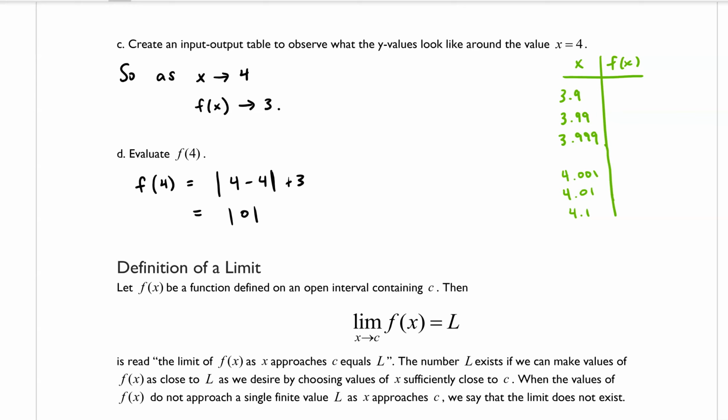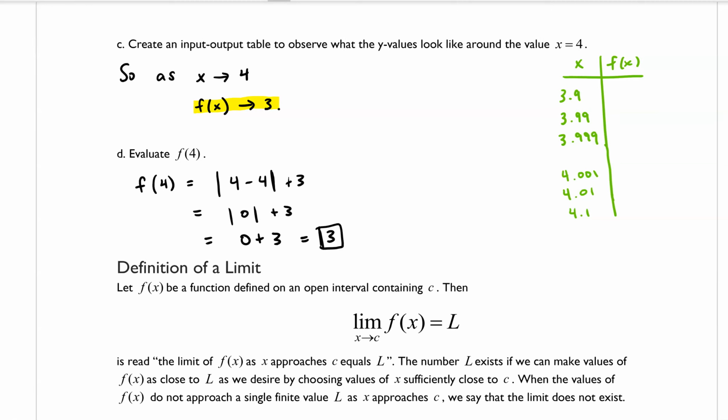So we'd be taking the absolute value of 0 and adding 3 to it. 0 plus 3 equals 3. So f of 4 is equal to 3, so that's nice. And that's hopefully what we expected after seeing this part here.